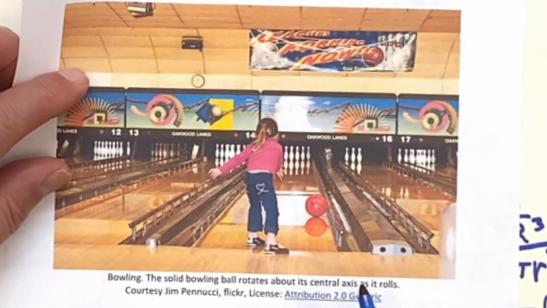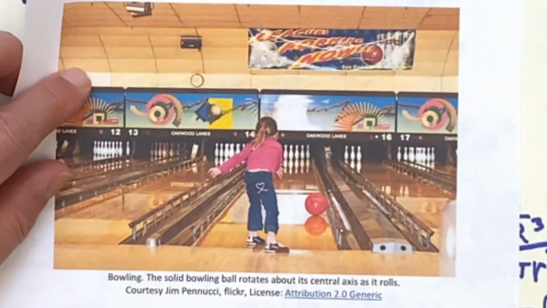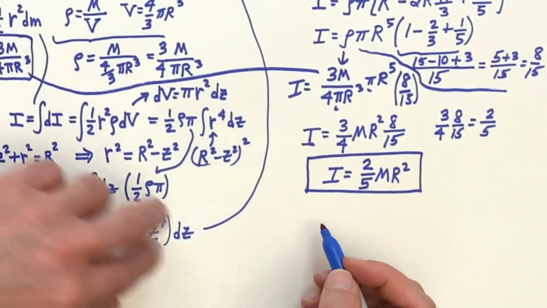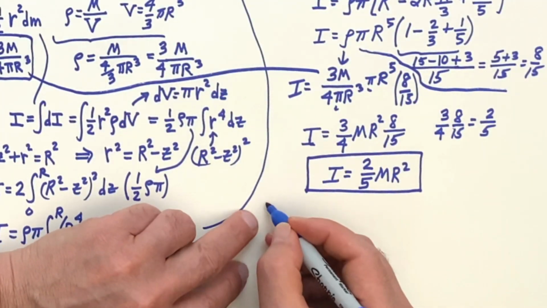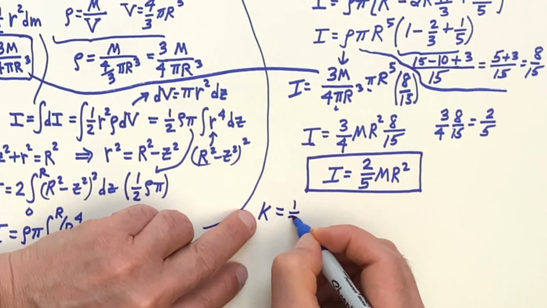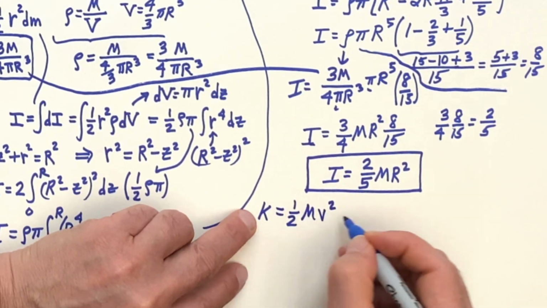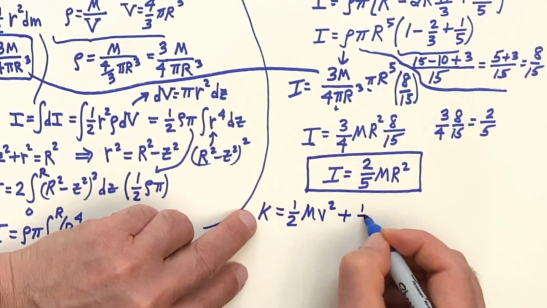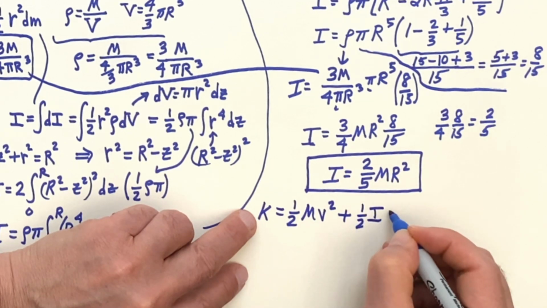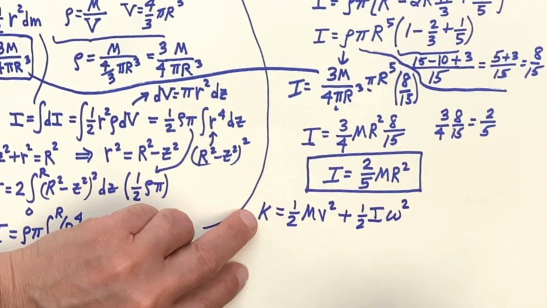Nice photograph. And here I'd like to calculate the kinetic energy of the ball rolling down. So the kinetic energy is going to be 1/2 m v squared for the translational part, plus 1/2 I omega squared for the rotational part.